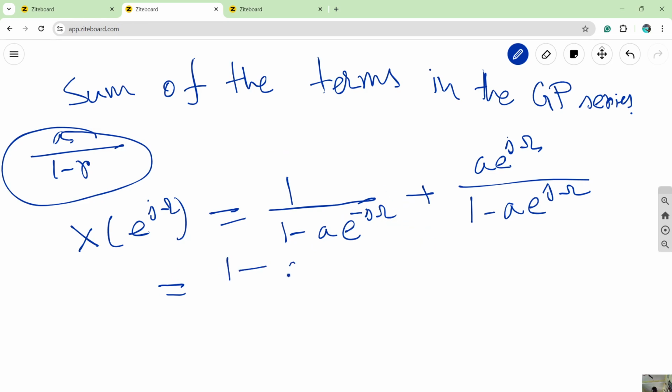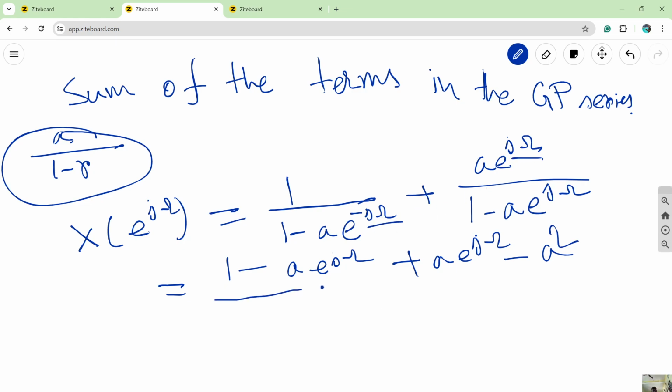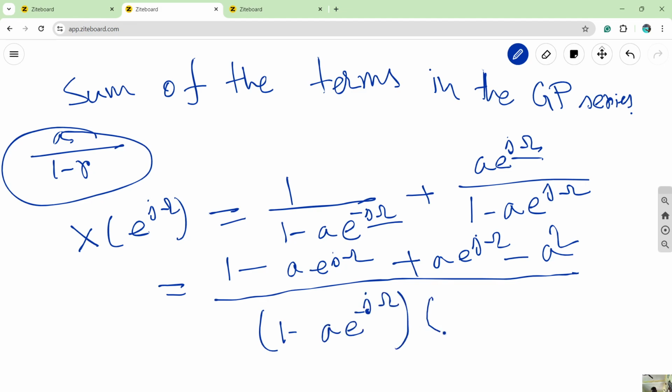So this is 1 minus a e to the power j omega plus a e to the power j omega minus a square, because the minus j omega term and the j omega term cancel out, by 1 minus a e to the power minus j omega times 1 minus a e to the power j omega.